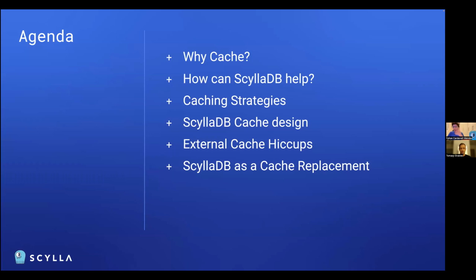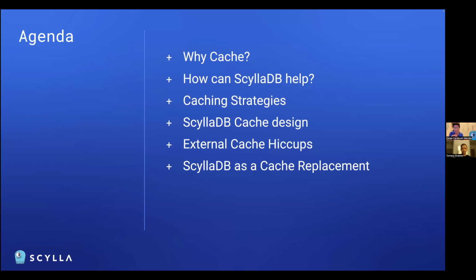Yeah. So it turns out, guys, that today we have a lot to discuss. So let's do a quick run through the agenda that we've put together for today, and then jump straight right in. All right. So we are going to start from the basics and discuss why cache, so we can understand both why ScyllaDB implements its own internal cache, but really why people have a need to cache things at all, right? Next, we will quickly present real users who actually replaced their existing cache solution with ScyllaDB.